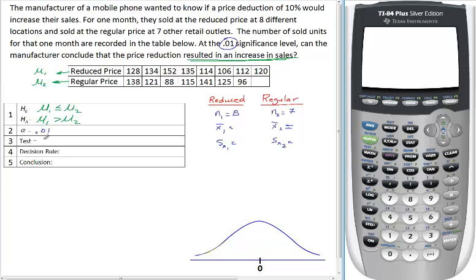The test, I think you realize, is a t-test, because we do not know sigma, the standard deviation of these populations, and this is mostly the true story. We usually don't know the standard deviation, so this is the most frequent test. And if you look at the sample sizes, they're both under 30, so that would verify a t-test for sure.